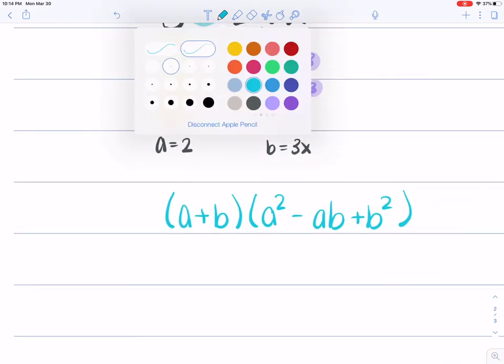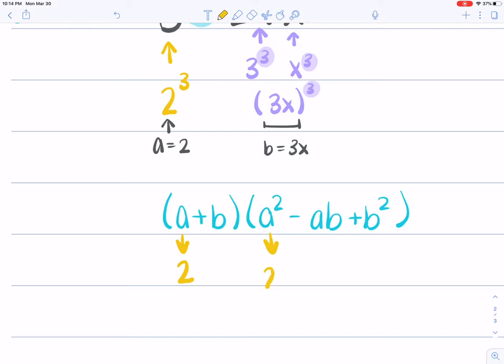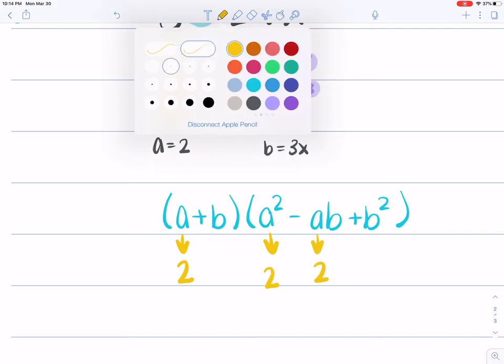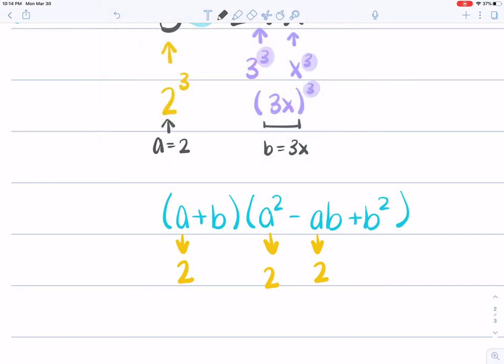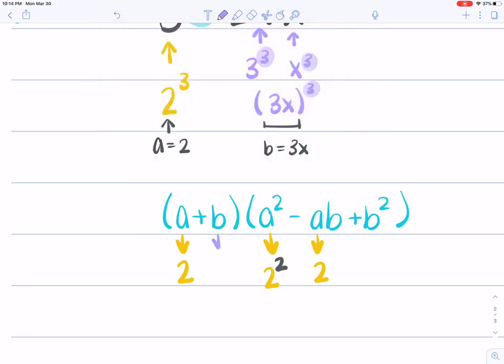So now everywhere I see an A, I replace it with a 2, and everywhere I see a B, I'm going to be replacing with a 3x.